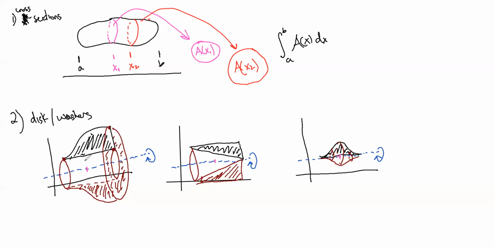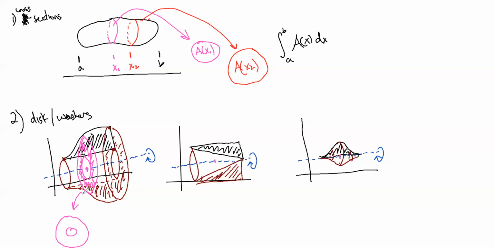So let's take a look here. When I make the slice in this first picture, it's going to give me this sort of pink annular region, right? An annulus is just a two-dimensional donut, or a flat donut, I should say.